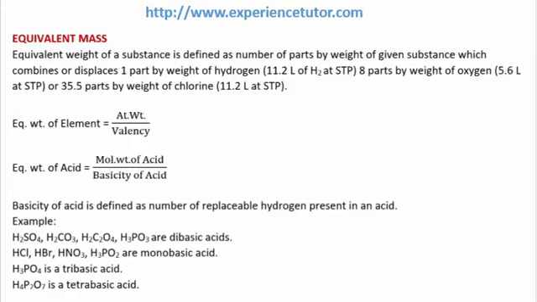H2CO3, H2C2O4, H3PO3 are dibasic acids. HCl, HBr, HNO3, H3PO2 are monobasic acids. H3PO4 is a tribasic acid. H4P2O7 is a tetrabasic acid.